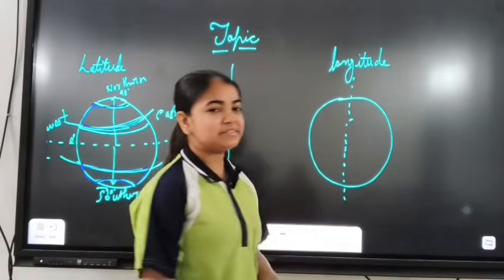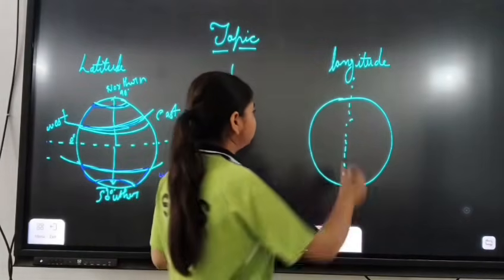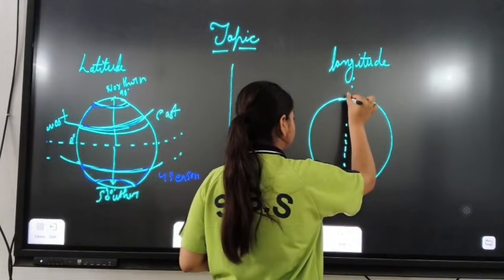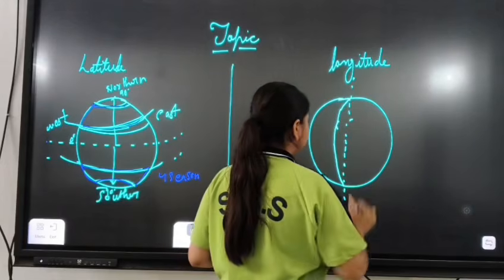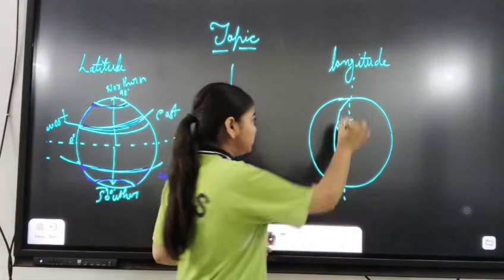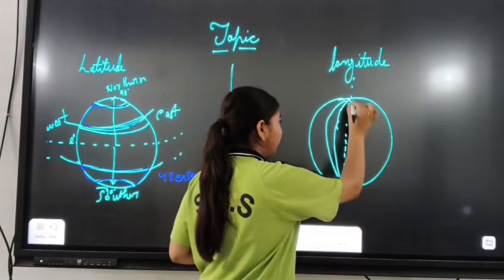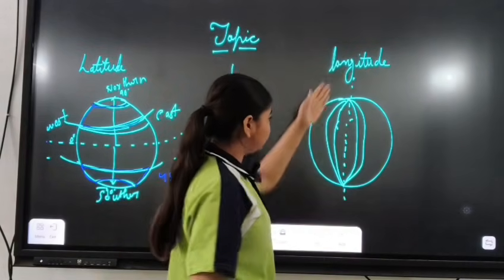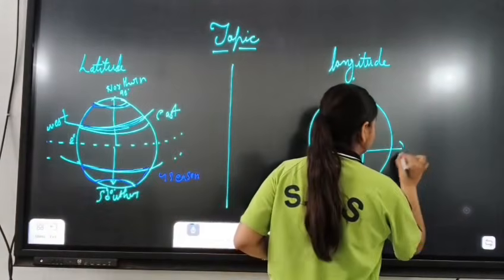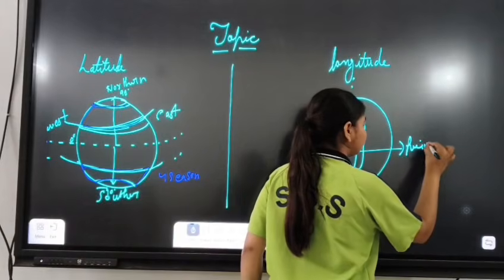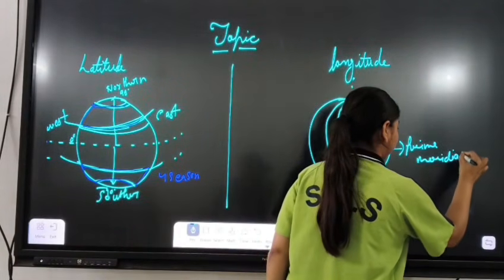Now moving on, let me tell you first what longitude means. Longitude starts from the top of the pole, moving apart from the center just to meet the other pole at the bottom. And the line which you are seeing that is stretching between the center, that is the prime meridian.